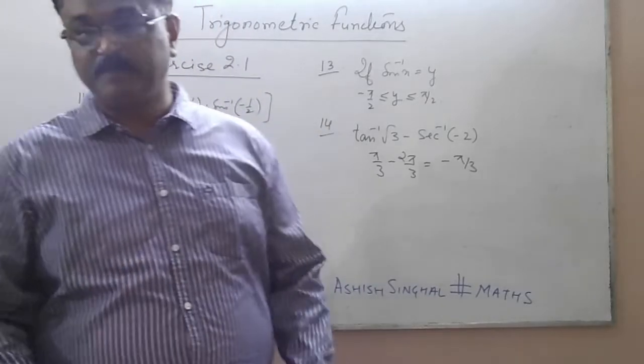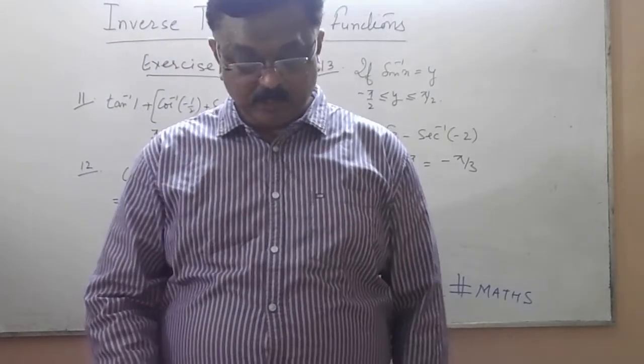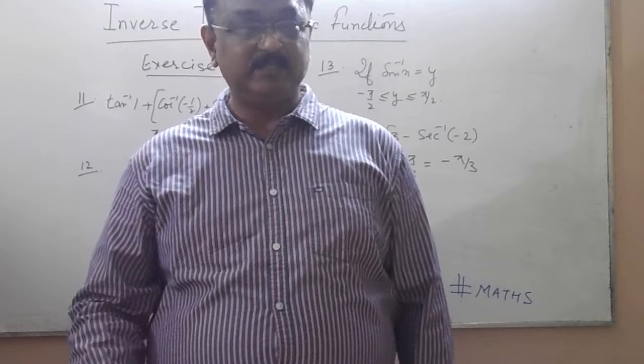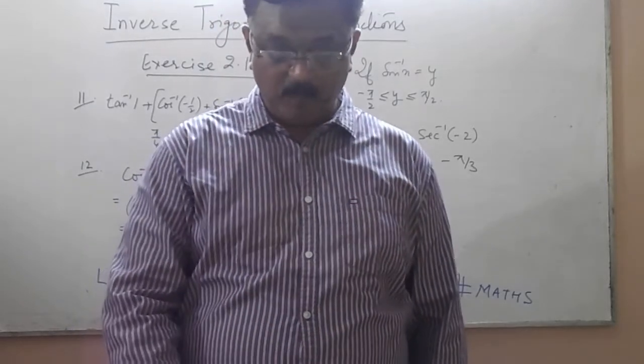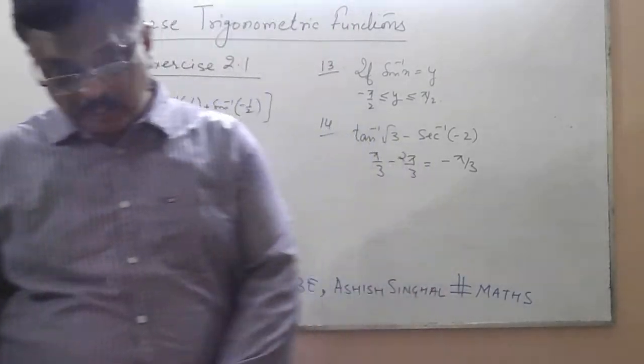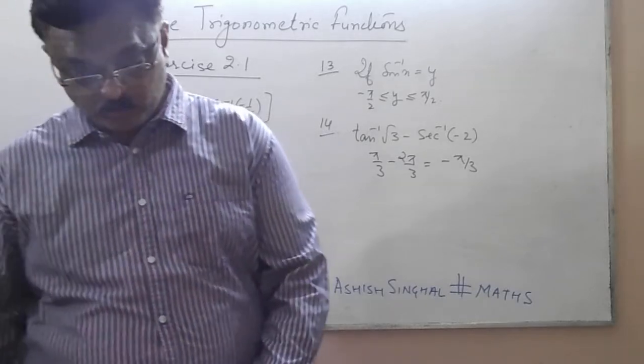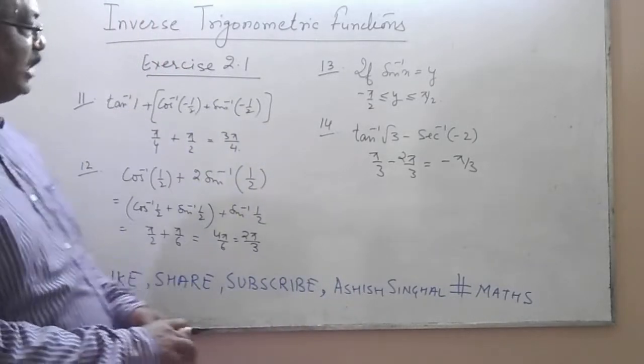Now friends, this is the end of exercise 2.1. We have seen the properties and we would like to continue and start off with exercise 2.2 right now. So before we start exercise 2.2, there are some tips which I would like to give you.